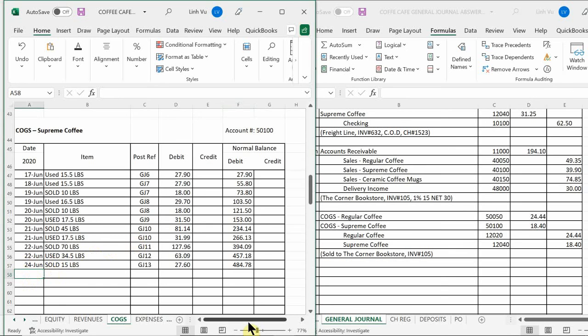And we also have to update my cost of goods sold for my Supreme coffee, right? Because I end up selling 10, I did it again. Sold 10 pounds for $18.40.